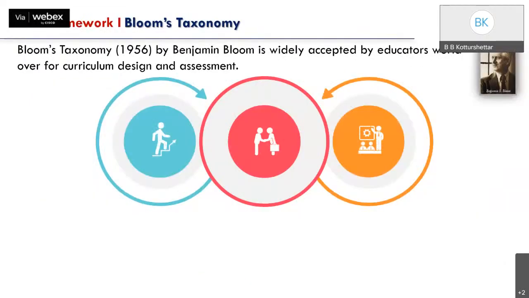So the result was Bloom's taxonomy, which is known as a framework, which was given by Benjamin Bloom in 1956, and it has been widely accepted all over the world for curriculum design and assessment.